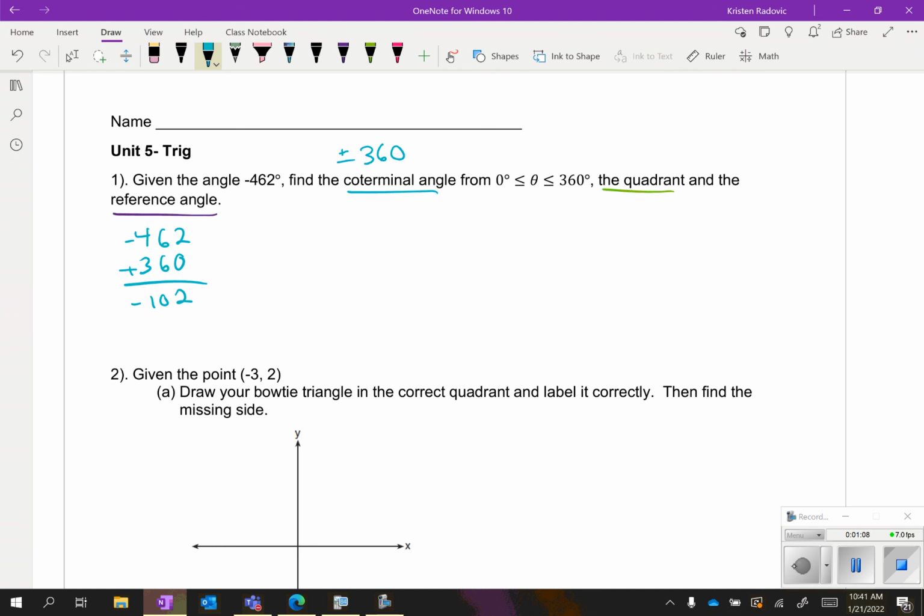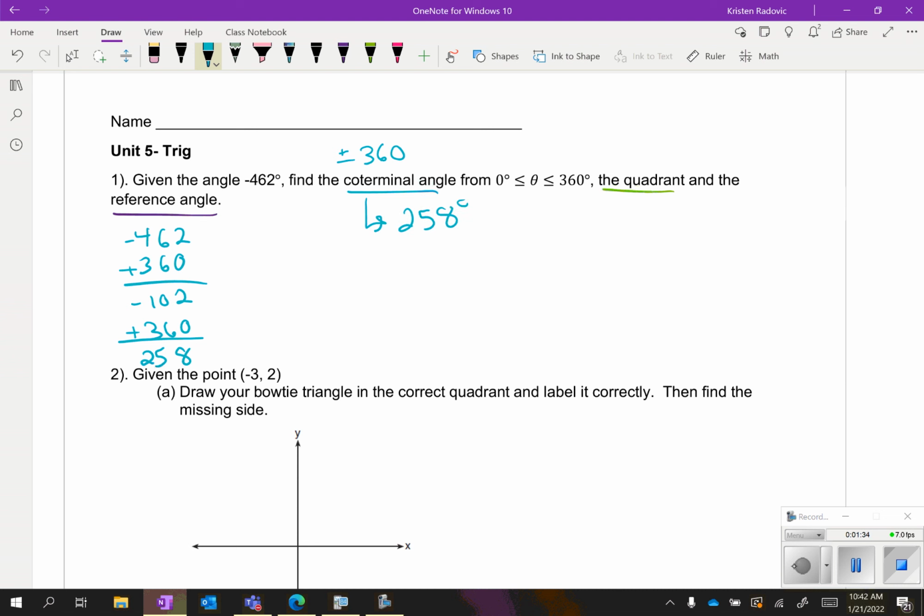So negative 102 is coterminal, and it ends in the same place as negative 462, but it's still not in the parameters that I want. So I'm going to add another 360 degrees to find another coterminal angle, and that's going to give me 258. So my coterminal angle is 258 degrees.